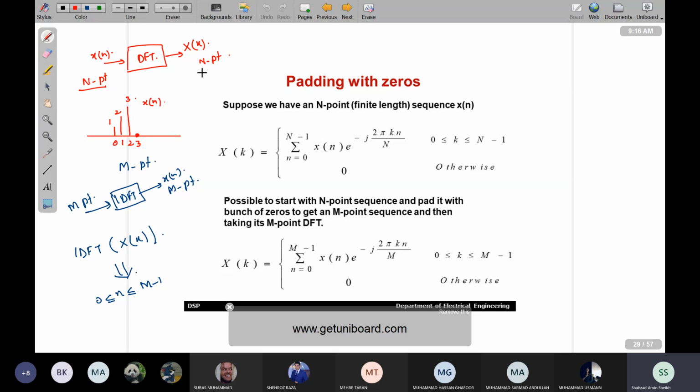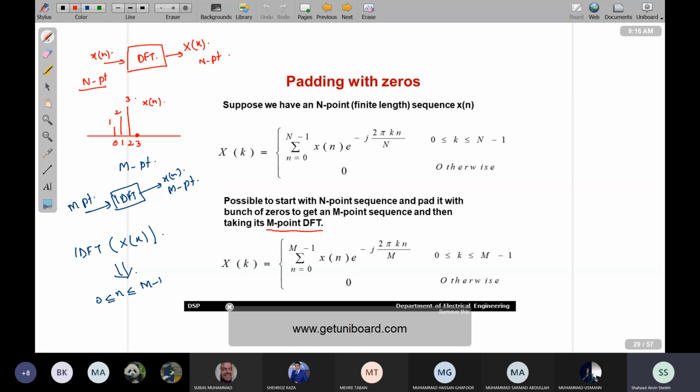So as a result, you will be getting 4 samples out of x of k. So it is possible to start with an n point sequence, in this case a 3-point sequence, and pad it with a bunch of zeros. We have padded it with just one 0 to get an m point sequence. M is 4 in this case, and then take its m point DFT.